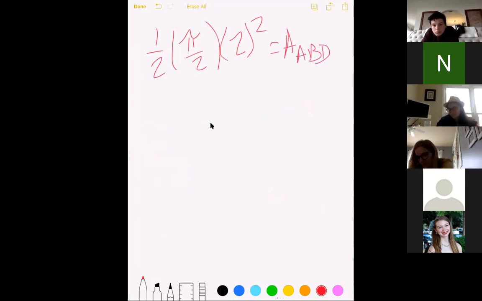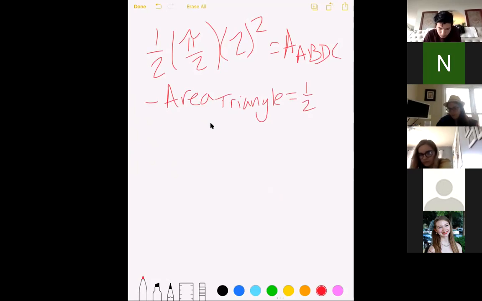Is everybody following that? Okay. So then I would have to subtract the area of the triangle. Since it's a right triangle, we can just do 1/2 base times height, which would be 1/2 times 4.